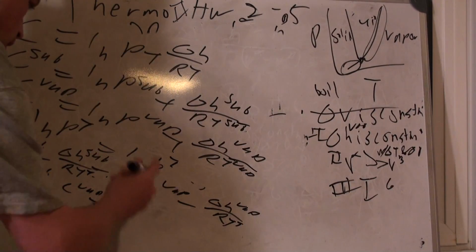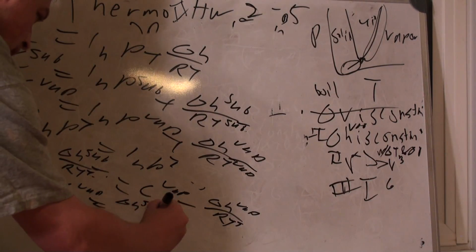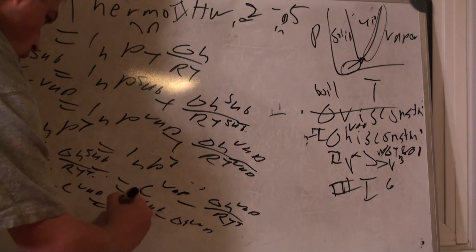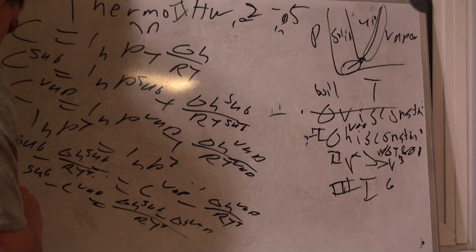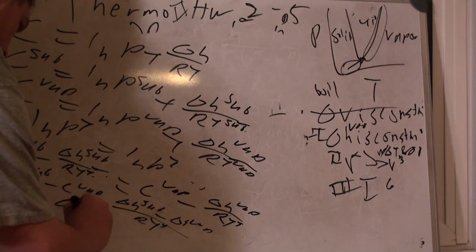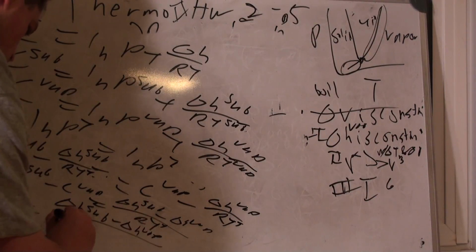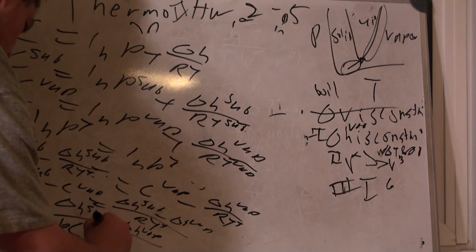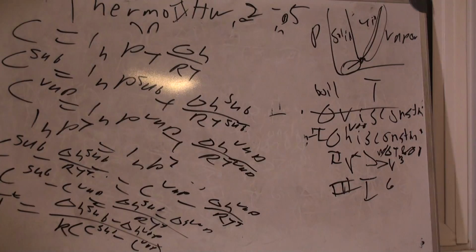They have the same temperature, so I have delta H sub minus delta H vape all over R T triple. Rearranging, T triple is equal to delta H sub minus delta H vape all over R times C sub minus C vape. Plug and chug. Well, that's the temperature. Is that the triple point? No, because I also need to know the pressure.